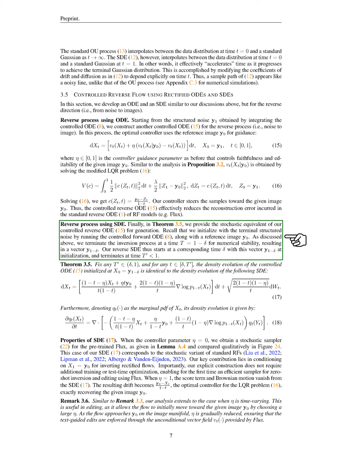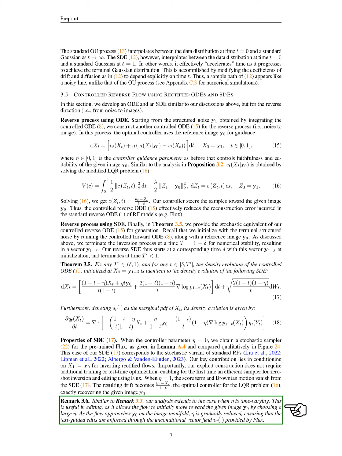When the controller parameter is 0, we obtain a stochastic sampler for the pre-trained model, allowing for efficient zero-shot inversion and editing without additional training. When the parameter is 1, the SDE simplifies to recover the reference image exactly. Our analysis also accommodates time-varying parameters, which is beneficial for editing as it allows for initial movement toward the reference image before gradually enforcing edits.